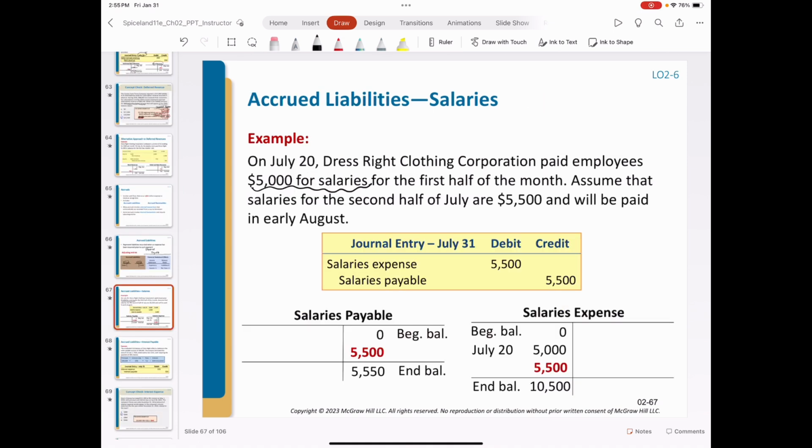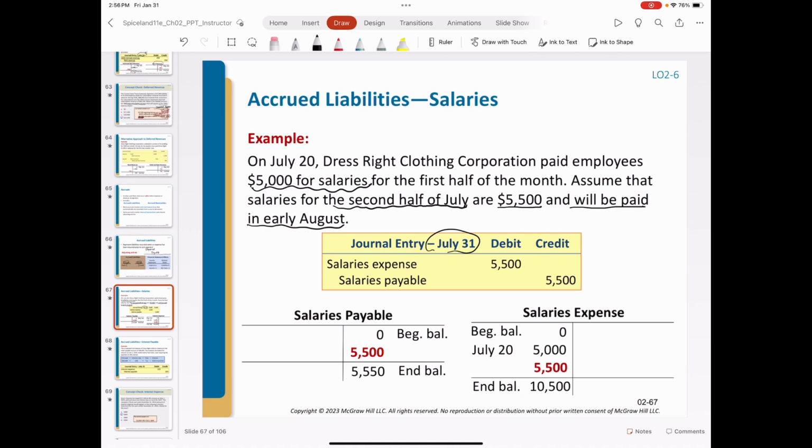By the end of July, on July 31st, assume that the salary for the second half of July is $5,500, and the payment will be made in next month, August, or next accounting cycle. The second half salary expense was incurred in July.